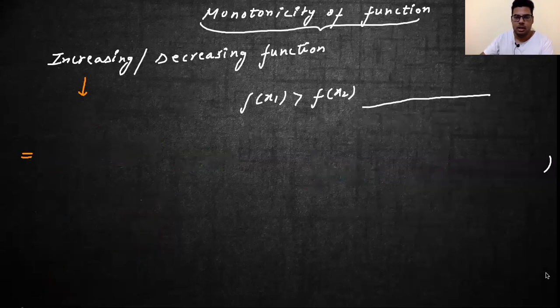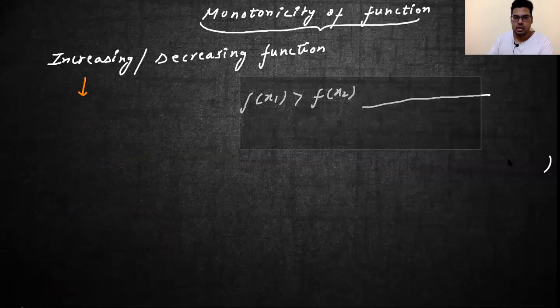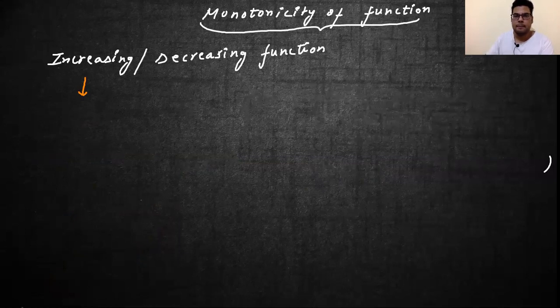So here let us try to have few functions. Let's say that we have a function having the derivative 0 but at discrete points, that is not in an interval.